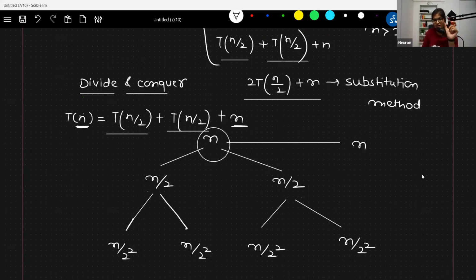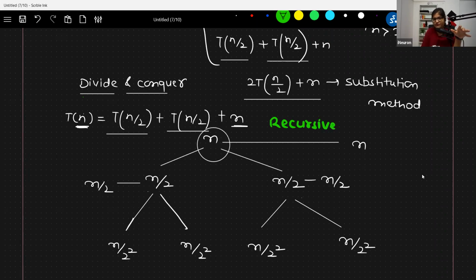How much is the cost required to split this? Initially, when you have n data points, the cost requirement was n, right? So when you have n by 2 records, it will be n by 2. And this is also n by 2, right? What I am creating here is called a recursive tree.